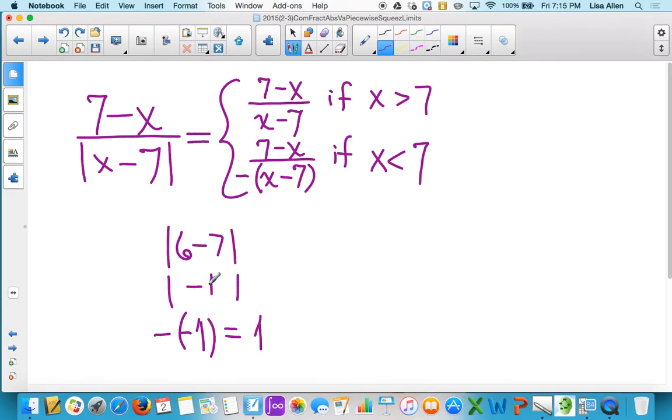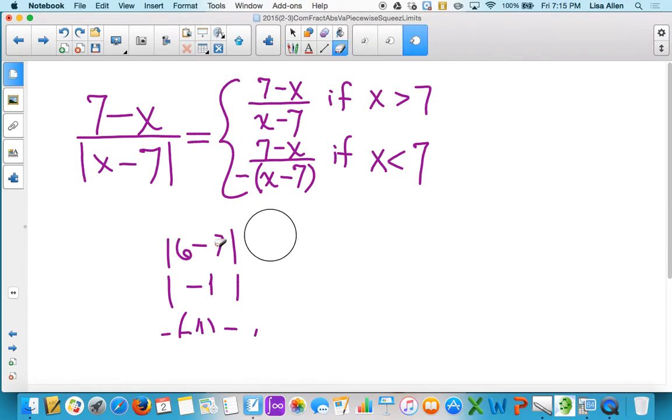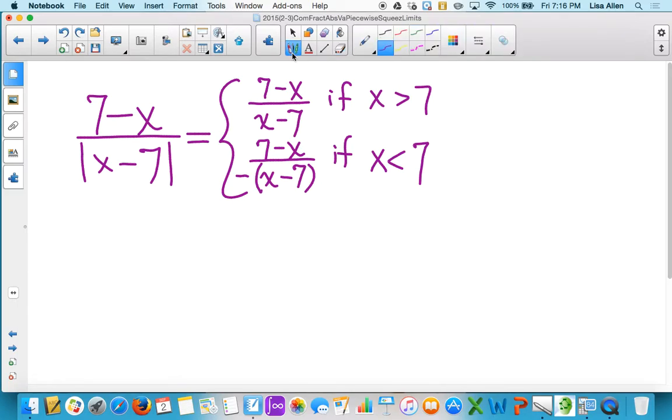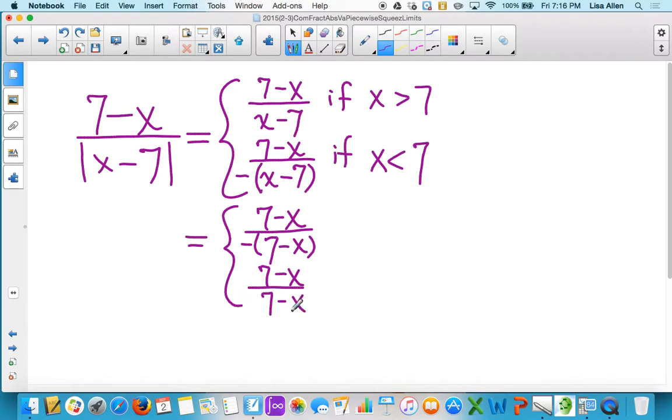So we have our definition. Our definition of absolute value, according to this function, can be simplified. On top we have 7 minus x, and in the bottom, the opposite of x minus 7 is 7 minus x.